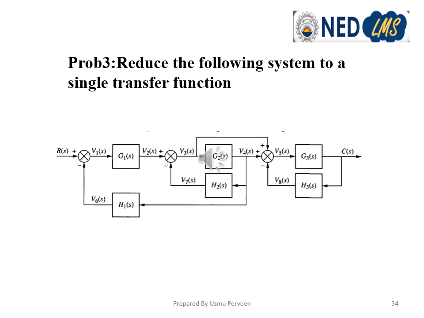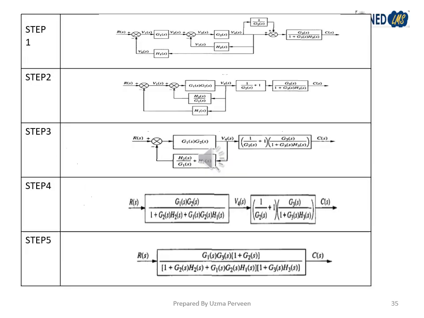The major line will have a transfer function 1, and 1 upon G2 will be the second path. So the transformation will be 1 plus 1 upon G2. We'll solve it step by step in the later slide.